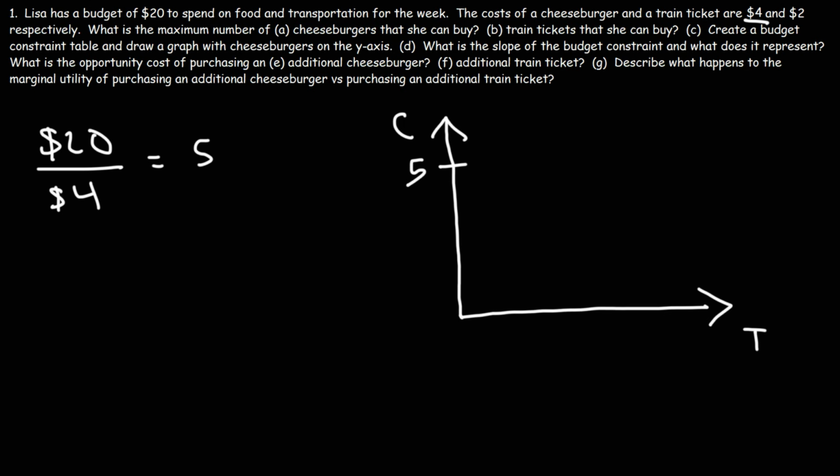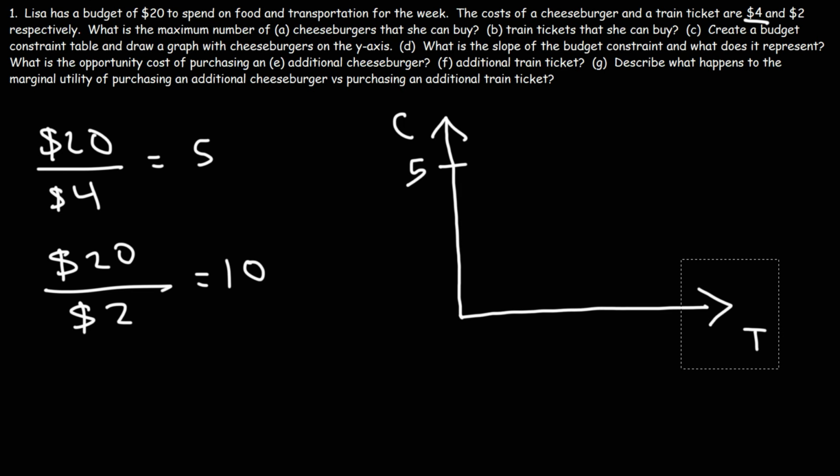Now let's calculate the maximum number of train tickets that she can buy given her budget constraint. So take the budget, $20, divided by the price of each train ticket, which is $2. So the maximum number of train tickets that she can buy is 10. Now I may have to extend this graph in order to draw it according to scale.